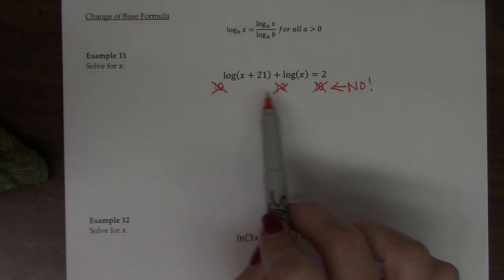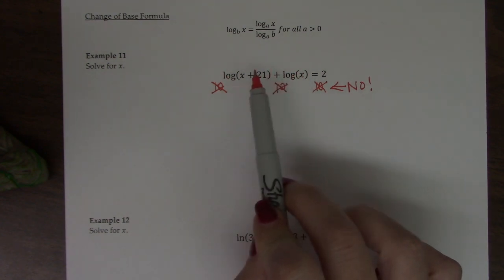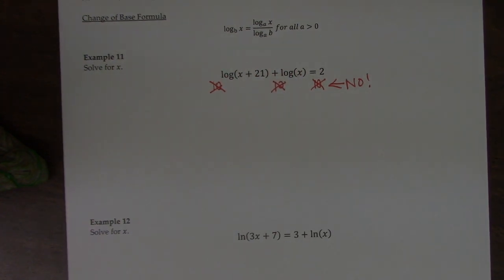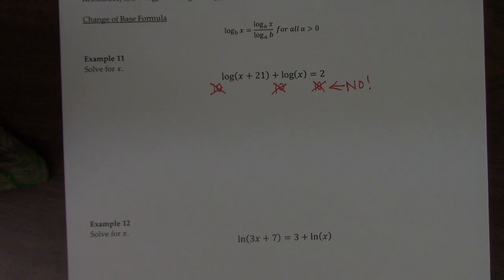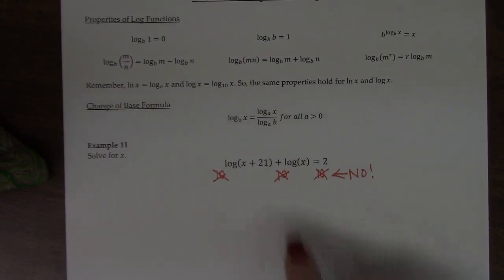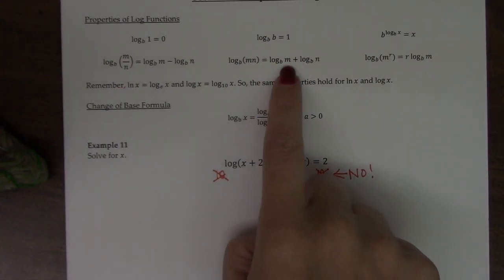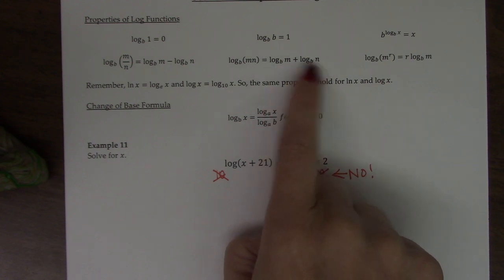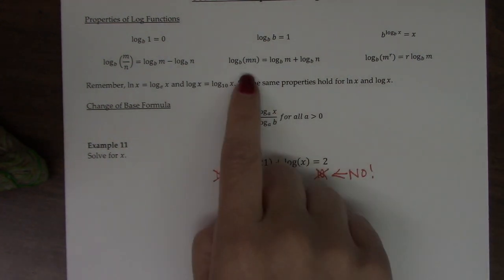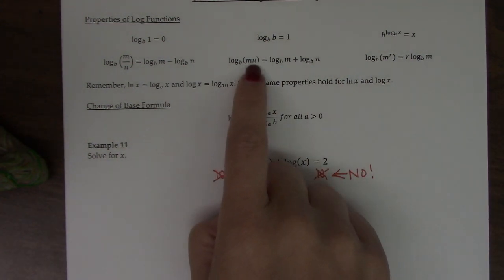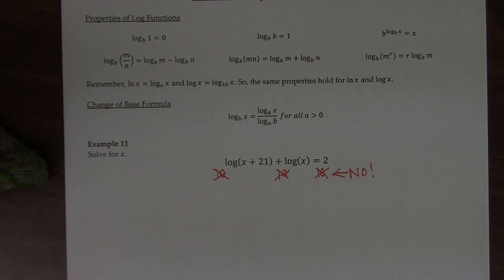So I need to combine all of the logs into one single log expression. Up at the top here, we see that if we have log of something plus log of something else, as long as their bases are the same, we can combine them by multiplying the expressions inside together.